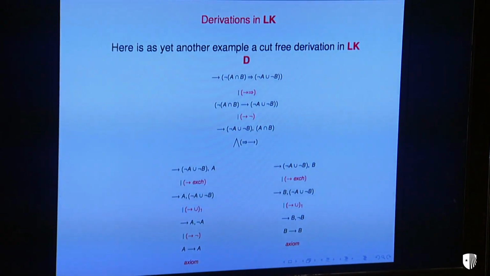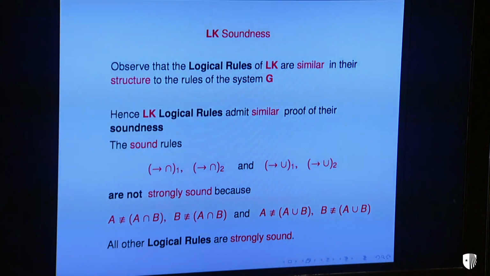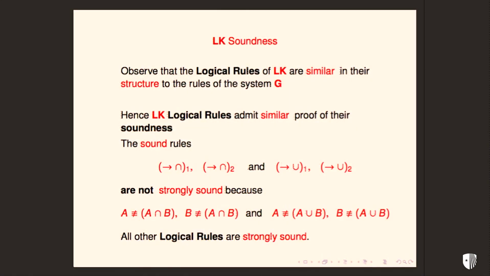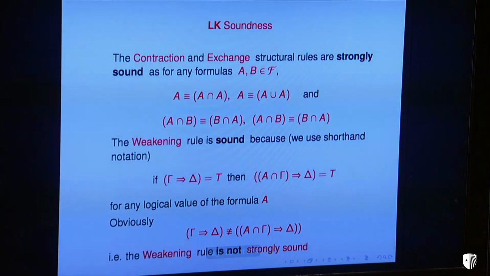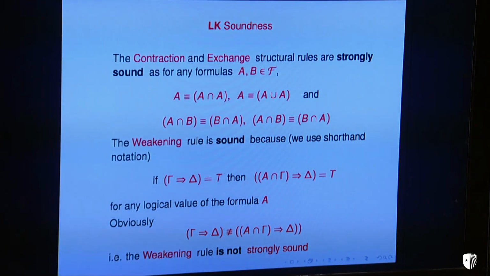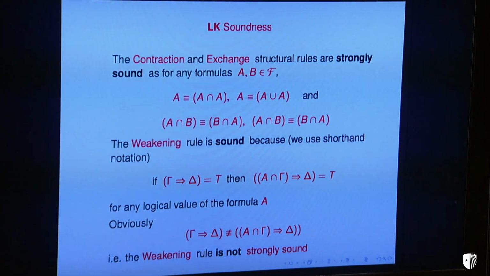And there's another derivation. Soundness, of course, you have soundness, but you don't have strong soundness because A is not logically equivalent to the conjunction, etc. So logical rules are not strongly sound, and contraction and exchange are strongly sound.